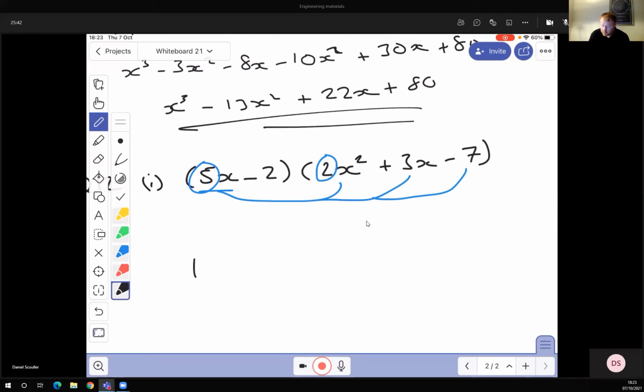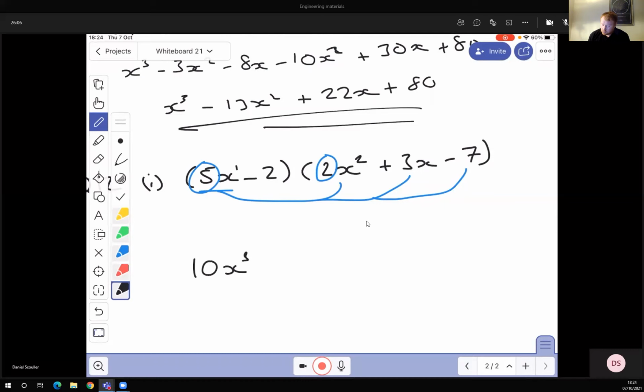So that becomes 10x, and then the indices we add together. Remember the floating number, when we're multiplying the x terms, that floating number just gets added together. So that 1 gets added to that 2, it becomes cubed. Does that make sense?